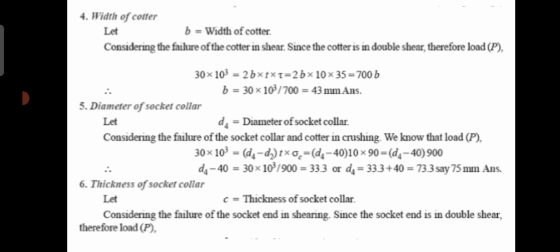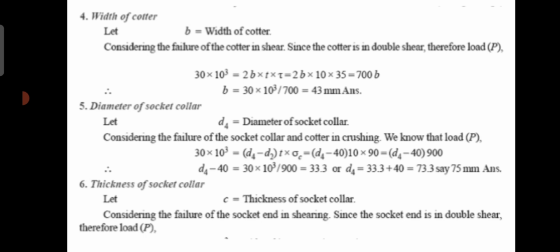Already we know, so substituting all values, capital P equals 30 × 10³, d4 we want to find, d2 equals 40, small t equals 10, σc equals 90. After substituting the values, you can simplify: d4 equals 73.33, so finally we may say 75 millimeter.